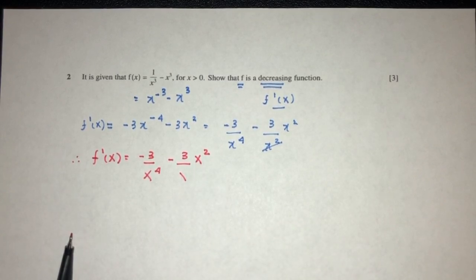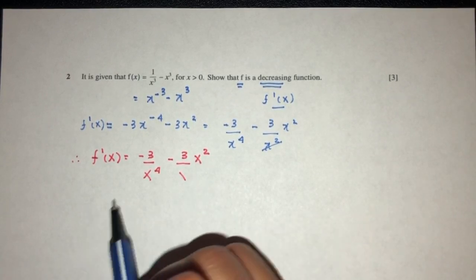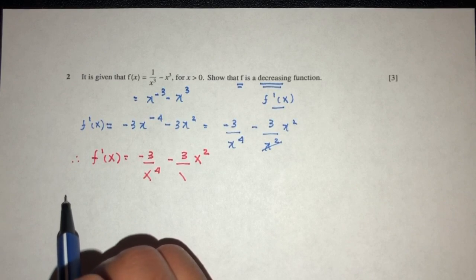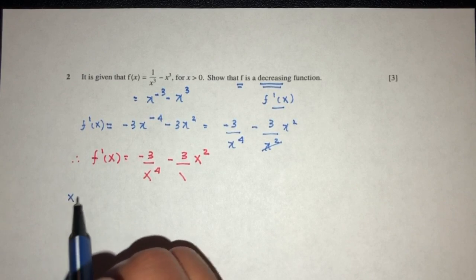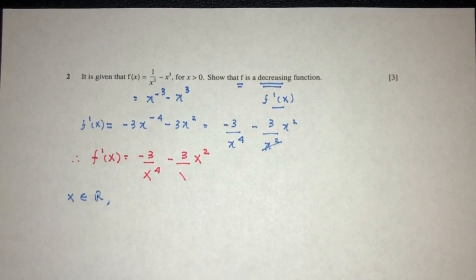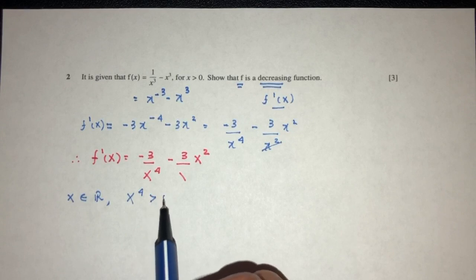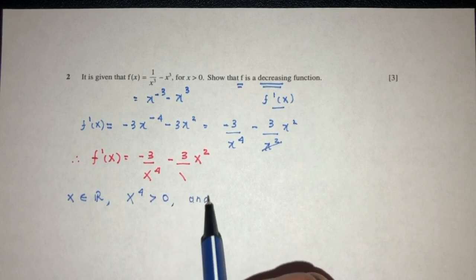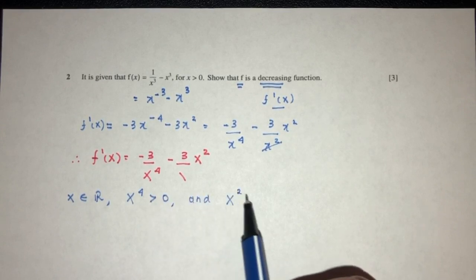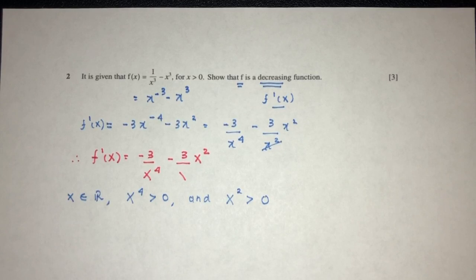Okay, so one thing we can do now is what? We can kind of play with this. We can mention that, for example, x can be any value in the real domain. So x can take any value. We understand that x power 4 will always be more than 0, and x power 2 will always be more than 0, always positive, if that makes sense, right?